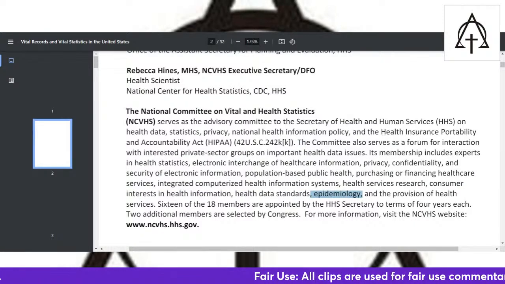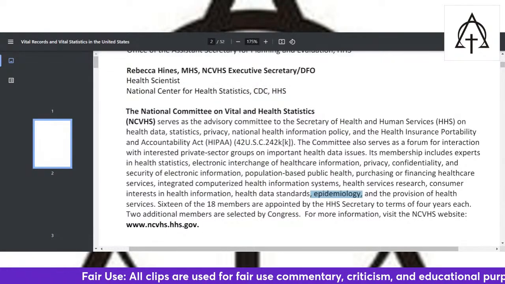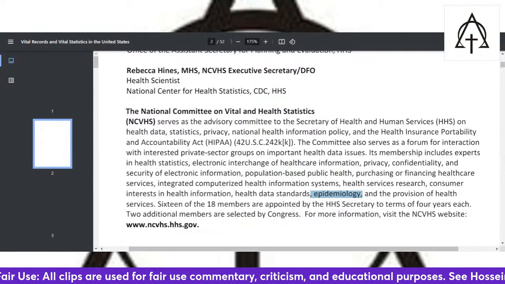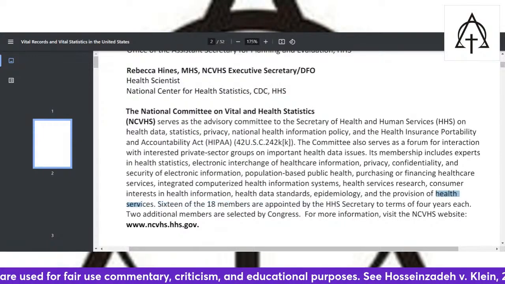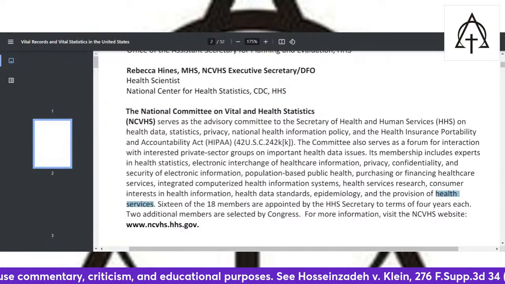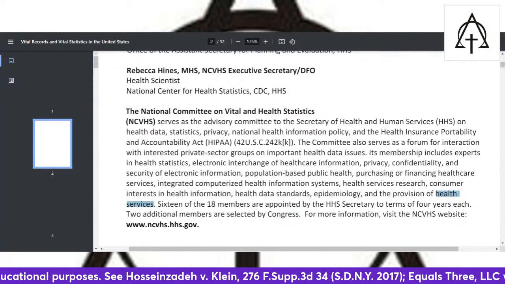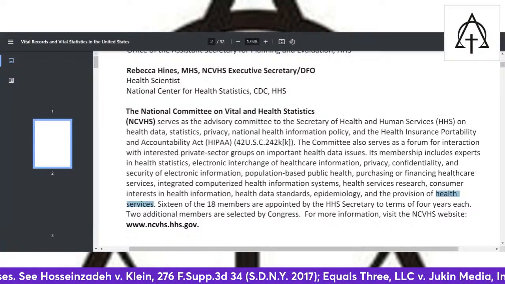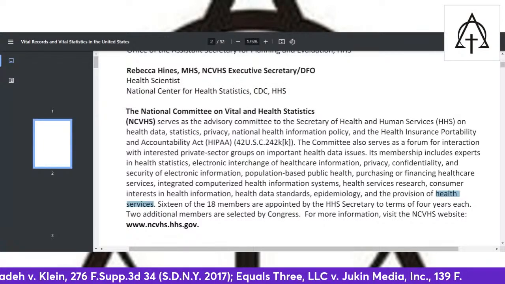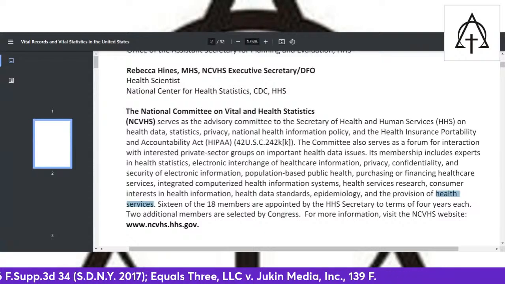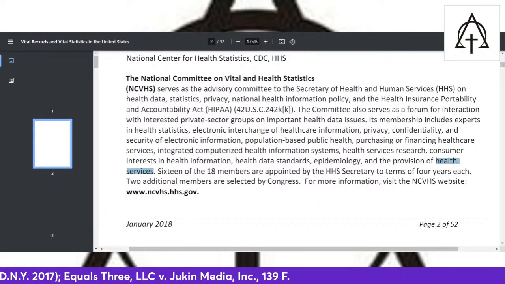Epidemiology. Epidemiology, the only medical term in there. And the provision of health services, such as a spell of illness, where in the first day you receive inpatient hospital services, creating the state's vital statistics jurisdiction.